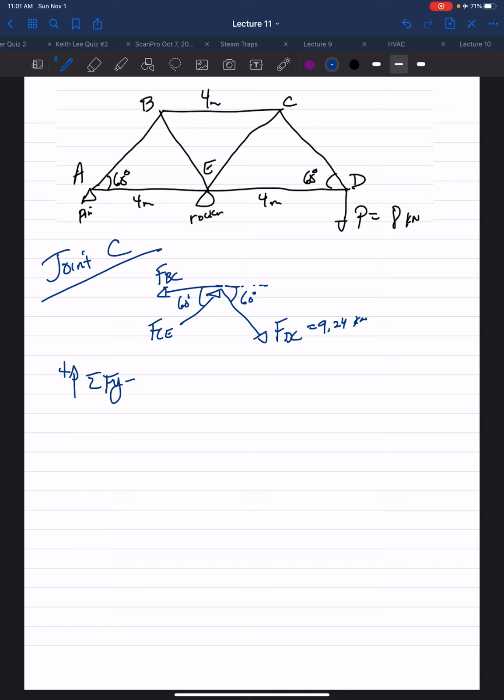Take the sum of forces in the y direction. You have FCE times sine of 60 minus FDC, which we know, 9.24 kilonewtons times sine of 60.